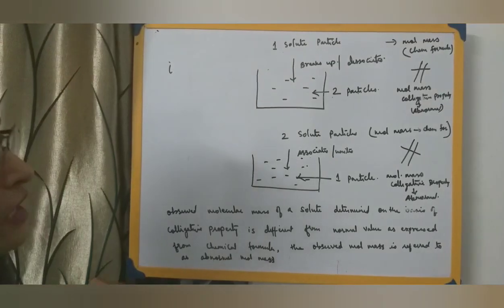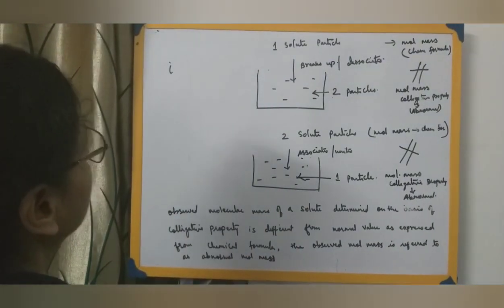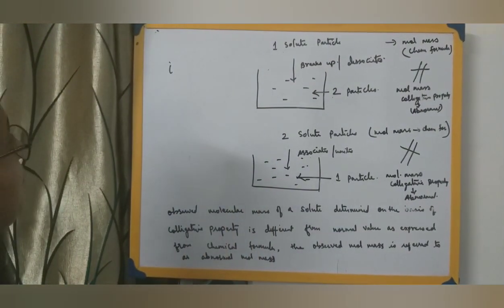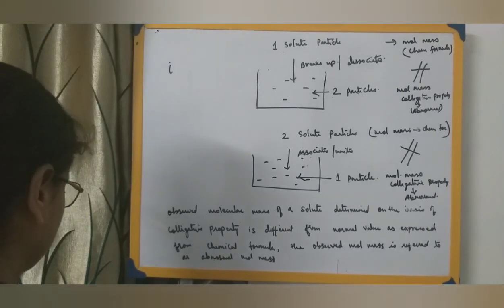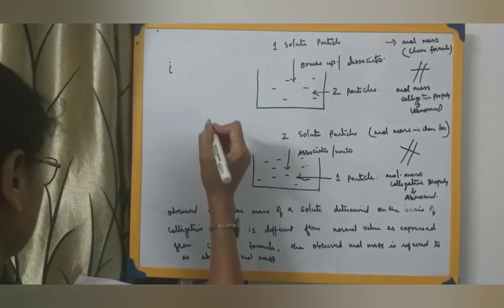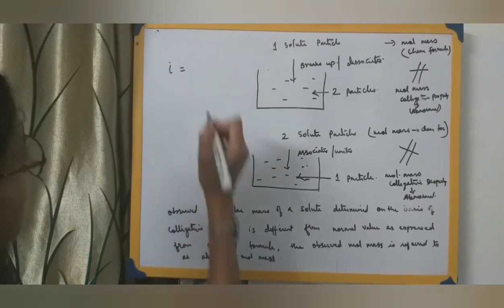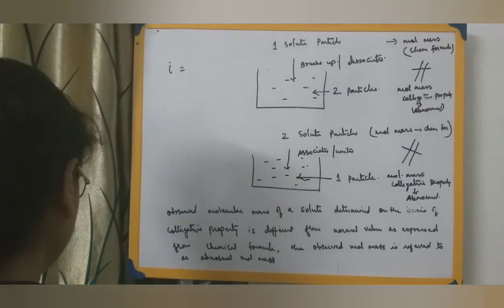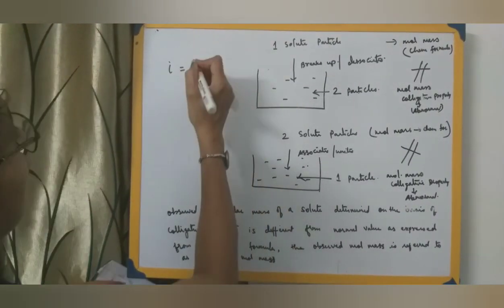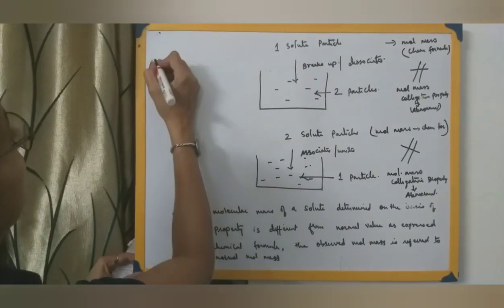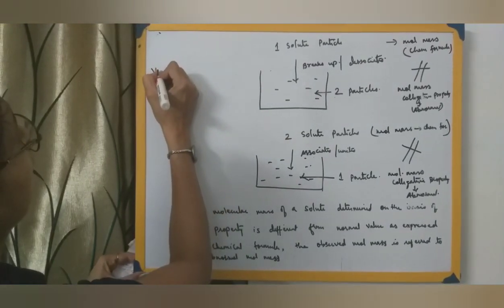The extent of this abnormal molecular mass is represented by a factor known as the Van't Hoff factor. So this i is equal to the Van't Hoff factor.